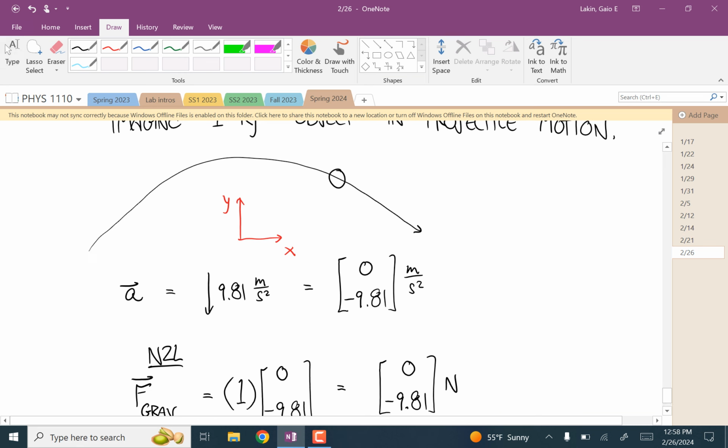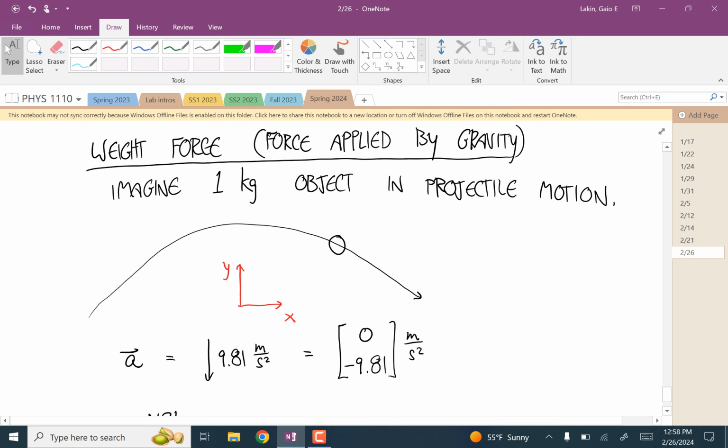By the way, anybody know the relationship between pounds and kilograms? Do you know about how much a kilogram is? Yeah, it's like 2.2 pounds. The weird thing about it is pounds is a measure of force and kilograms is a measure of mass. So in order for those to have any connection to each other, you need to know how strong gravity is.